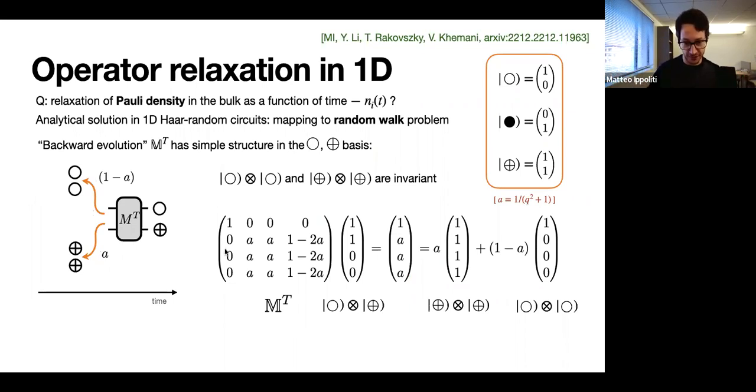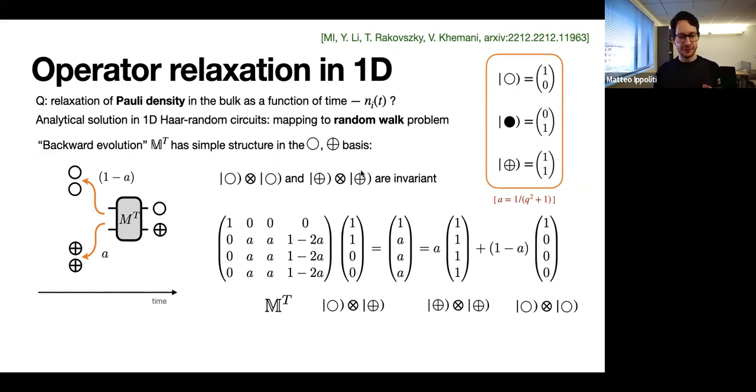That's 1, 0, 0, 0. And physically, because the identity is an eigenmode of a unitary circuit. An all-plus state is also invariant for a slightly different reason, which is just conservation of probability. It's saying that this is a stochastic matrix, and if you sum all the rows in this M transpose, you get 1 for each of them. So these two states are invariant.